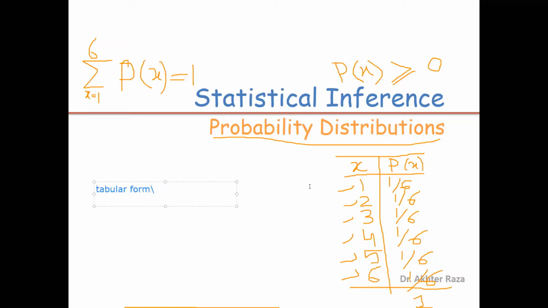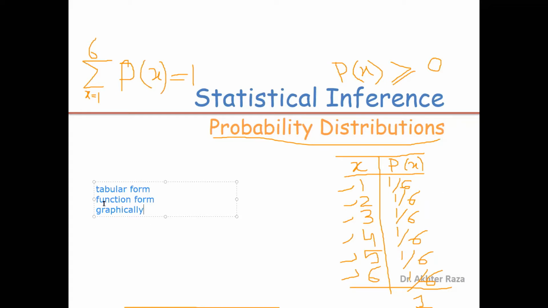Second, it can be represented in function form. Third, it can be represented graphically. So we can represent the probability distribution in tabular form. This is the concept of the tabular form of the probability distribution.